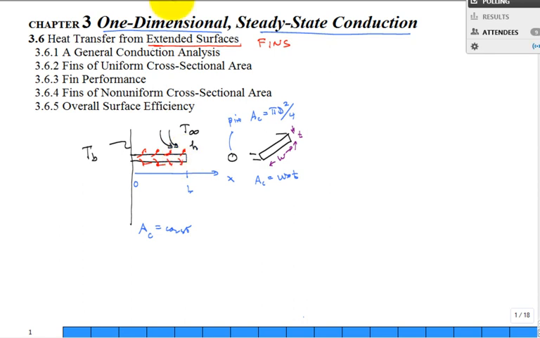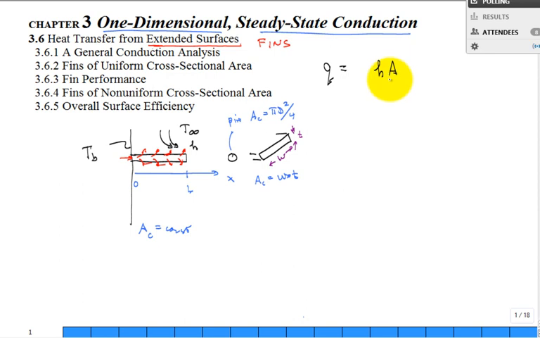And so we're going to develop some simple equations where we have the amount of heat transferred into the fin, which gets into the fluid. A simple equation would be the convection coefficient, times the area of that fin, not the cross-sectional area.